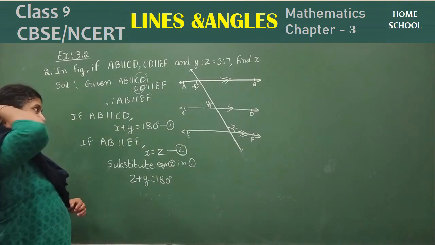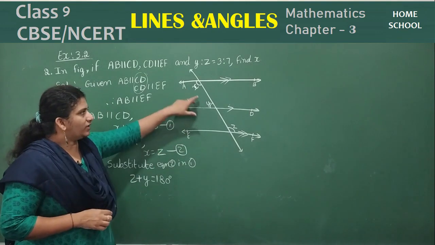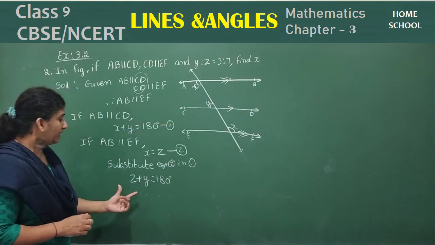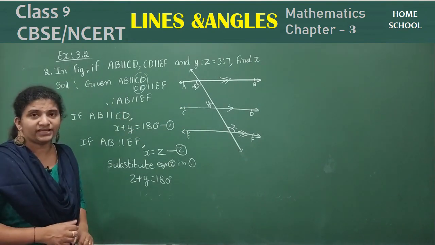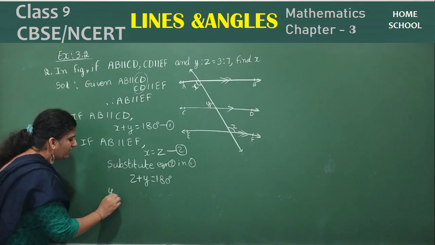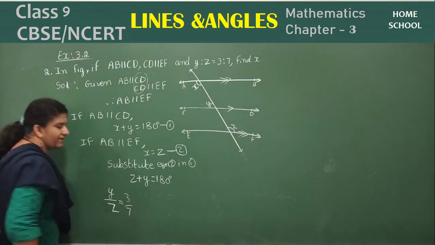The z angle and y angle sum will be 180. But they have given us a ratio. What is the ratio, children? They have given y is to z is equal to 3 is to 7.